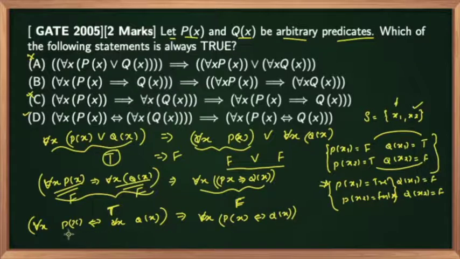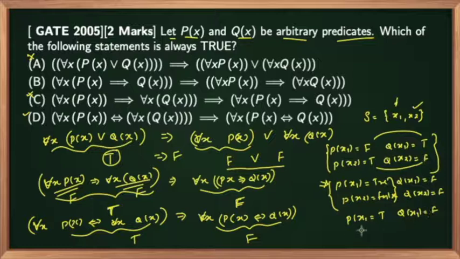So basically, I have to prove this side is true and this side is false, right? So again, see, I can make this false. For example, p of x1 is false, then q of x1 should be true, or vice versa, right? So I can select, for example, p of x1 is equal to true, and q of x1 is equal to false.